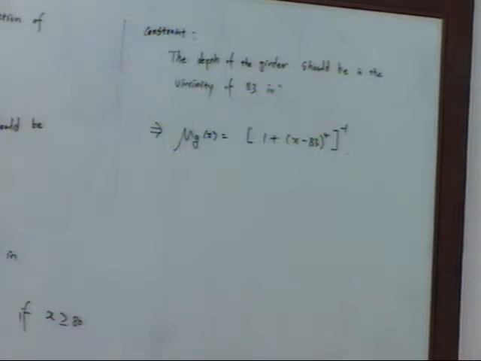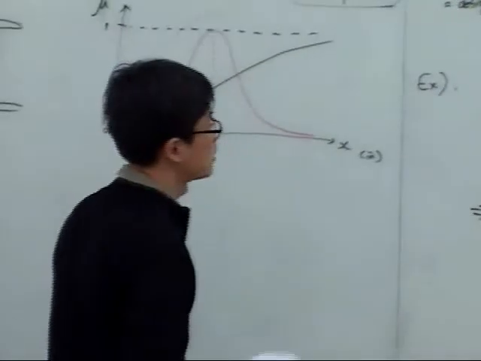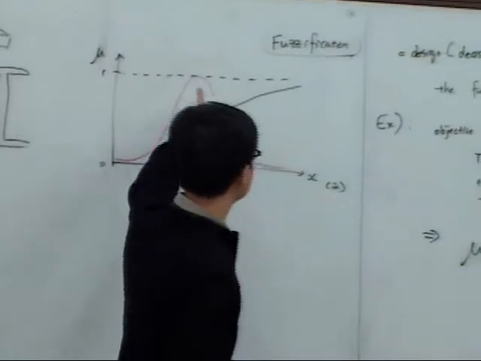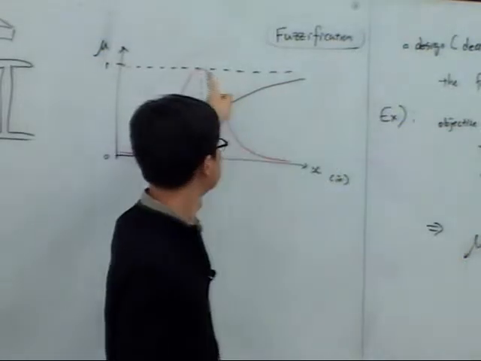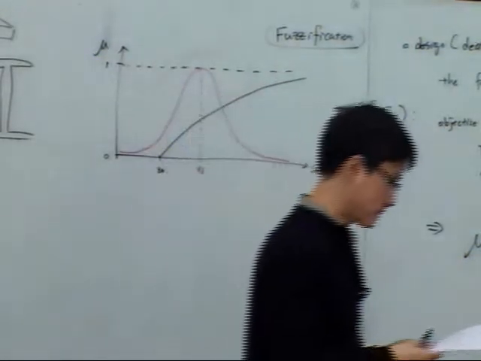Then your constraint membership function looks like this. At 83, the value will return 1. Perfect. Okay?